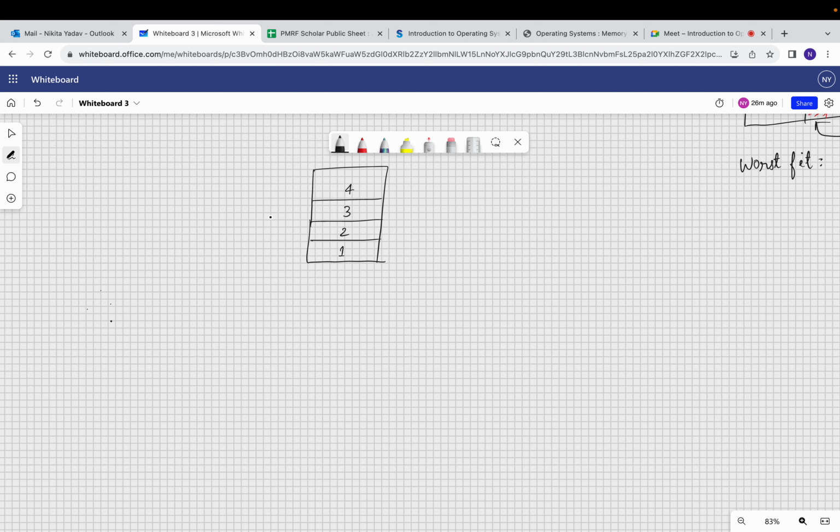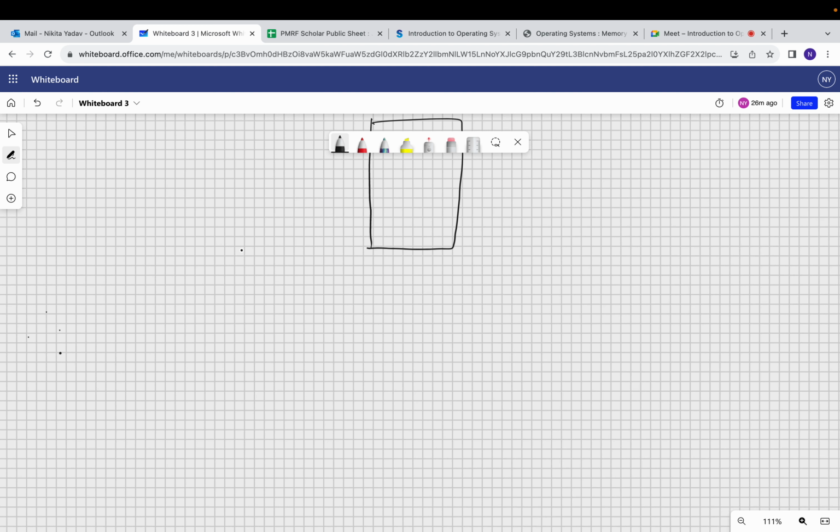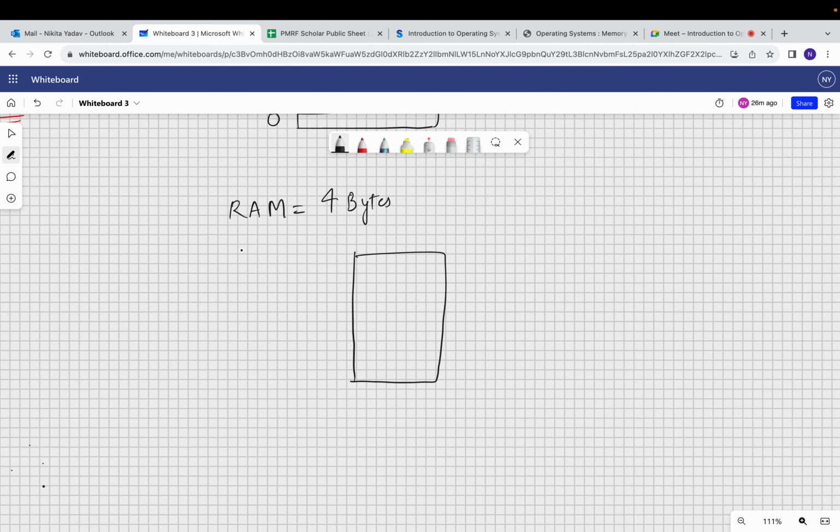One second, I'll just explain it very simply. Let's say that your memory is of size 4 bytes. Your RAM is 4 bytes only. I'll explain it for 4 bytes, and you just try to answer it yourself for 64.